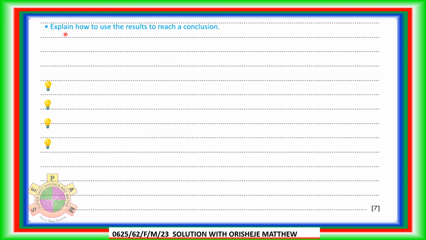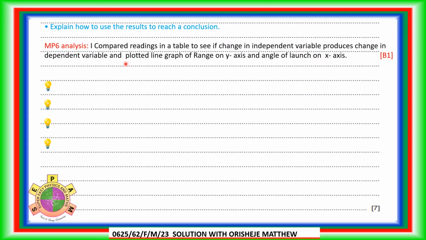Then the next thing, explain how to use your result to reach a conclusion. So we are going to analysis. To do this, I compare readings in the table to see if a change in the angle of launch produces a change in the range measured, and then I plot the graph of range on the y-axis and the angle of launch on the x-axis.